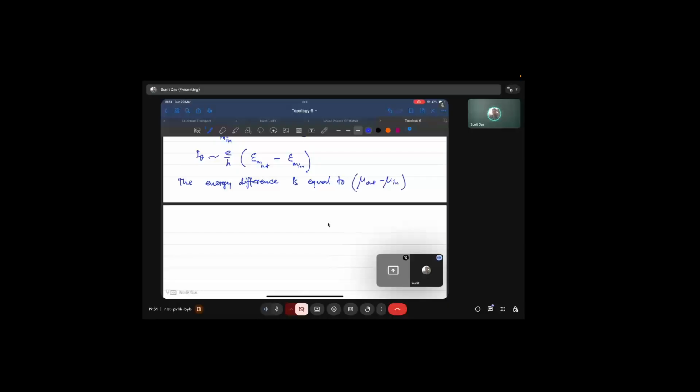So the chemical potential difference, which is equal to the voltage applied, right?